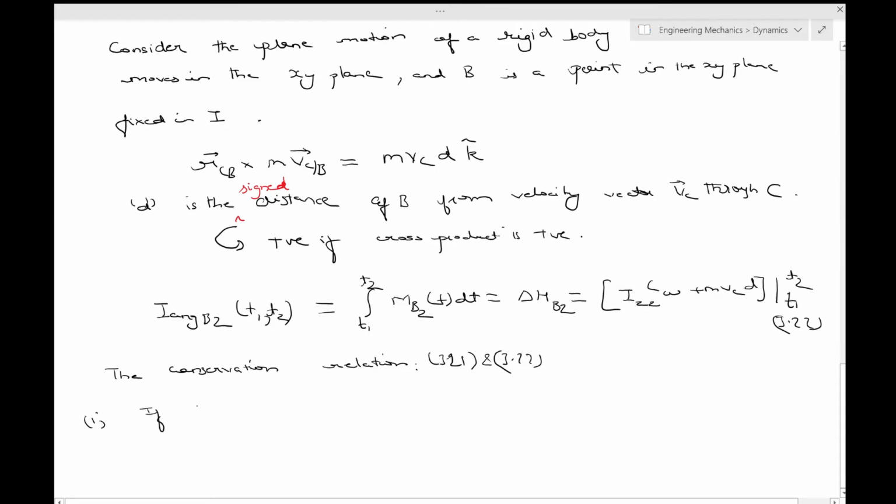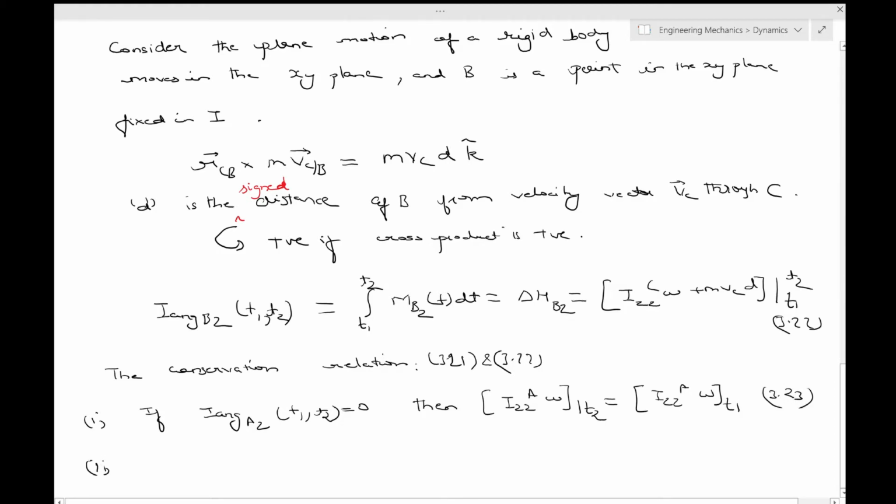If the angular impulse about point A in the Z direction from T1 to T2 is equal to 0, then I_ZZ A omega at T2 is I_ZZ A omega at T1. Okay, this is 3.23.